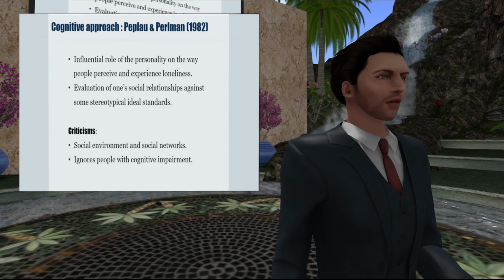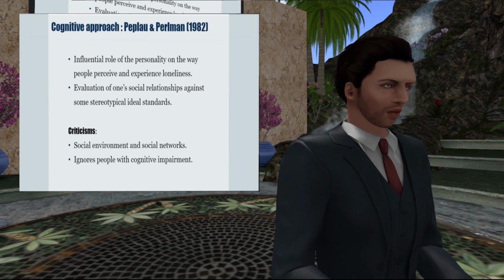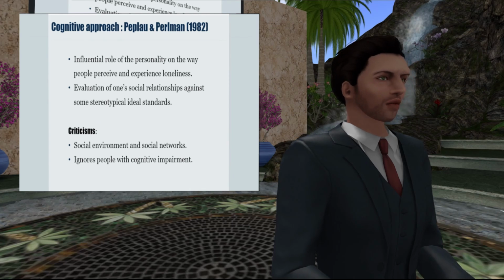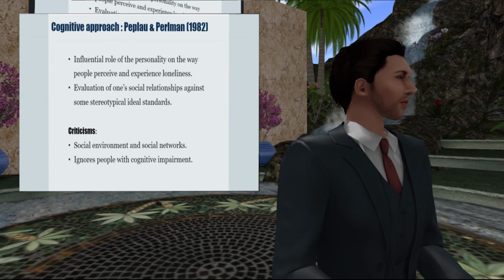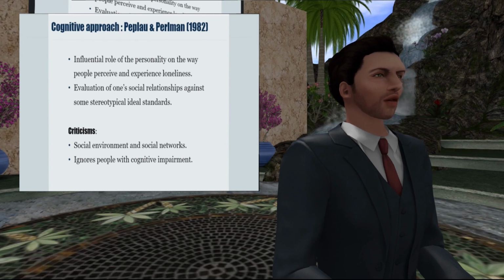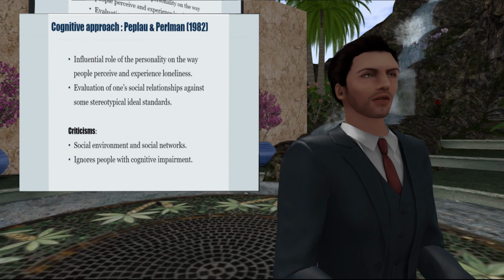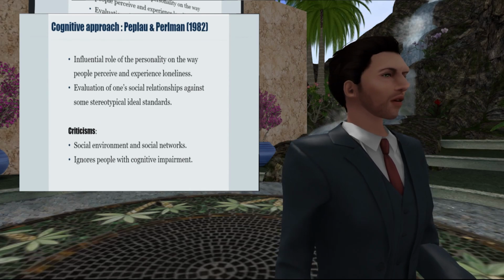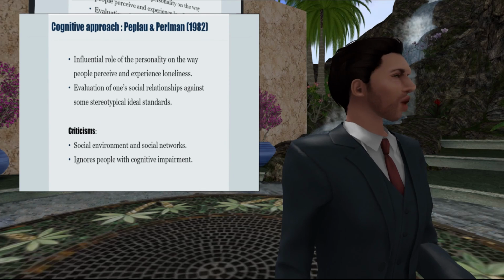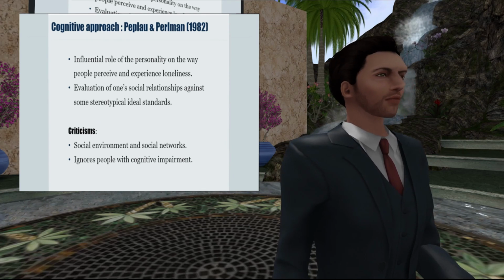The cognitive perspective, which is one of the most accepted, says it depends on the personality, everybody's different, and it is how you perceive loneliness. So if I say I don't feel lonely because I have 5 fantastic friends, and when I have those 3 hours in the day that I am alone at home, I need it. So actually, I'm not lonely.